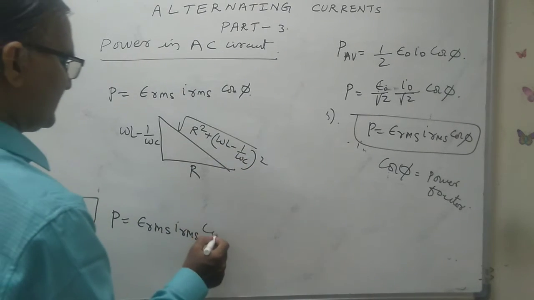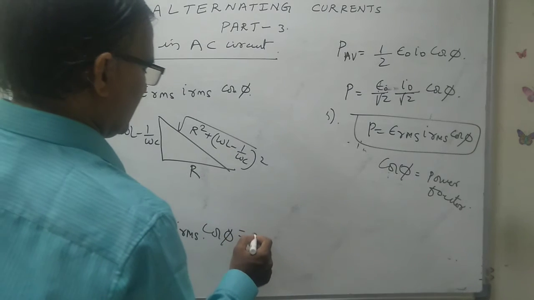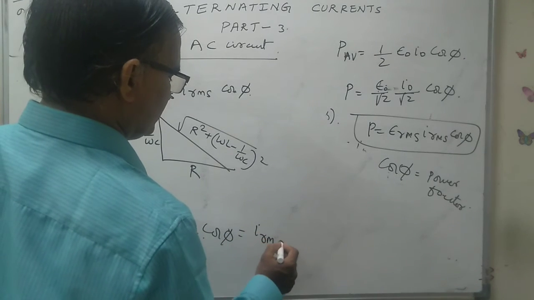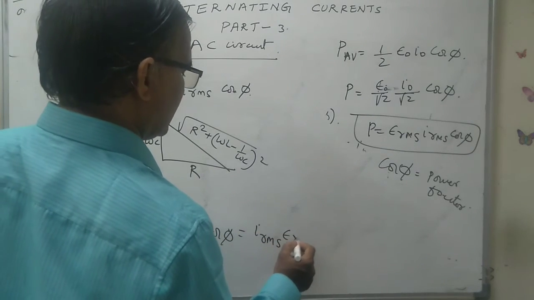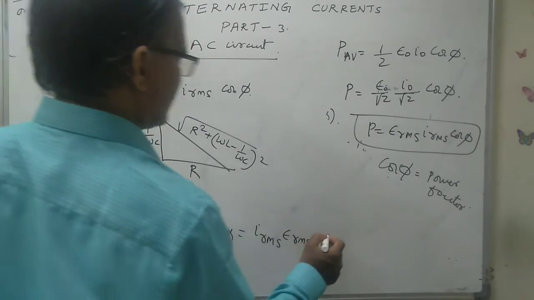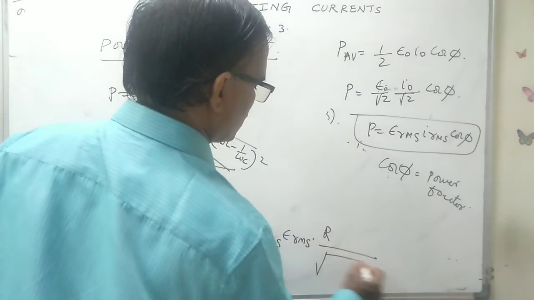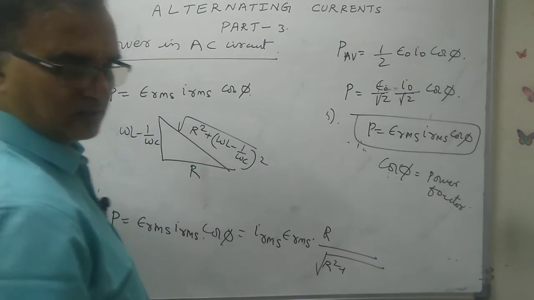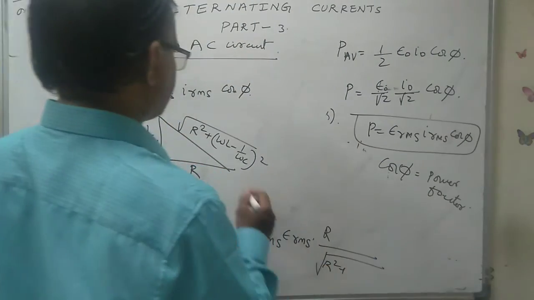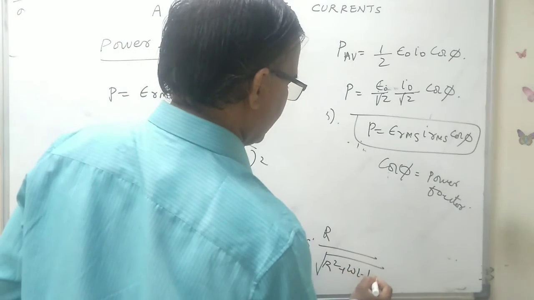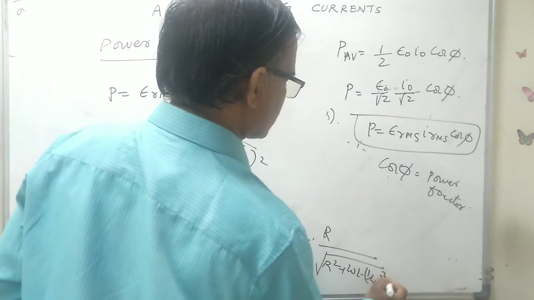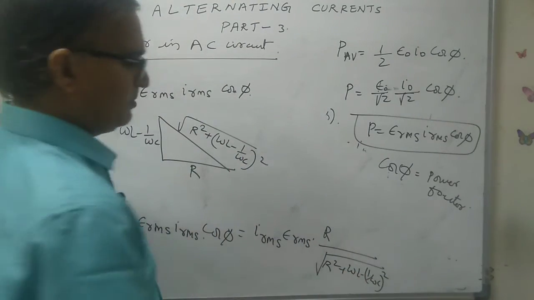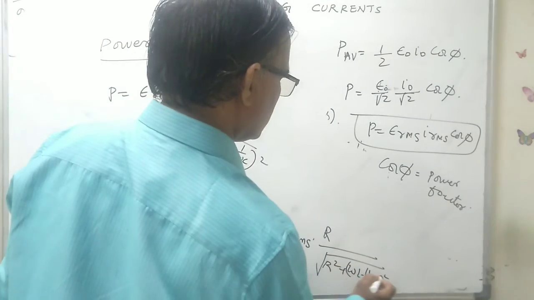What is cos phi here? The average power is equal to I RMS into E RMS into R by root over R square plus omega L minus 1 by omega C whole square.